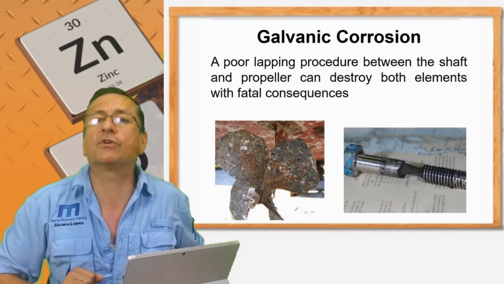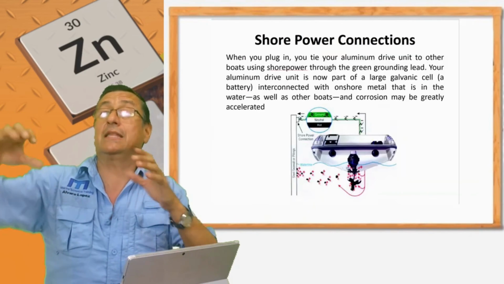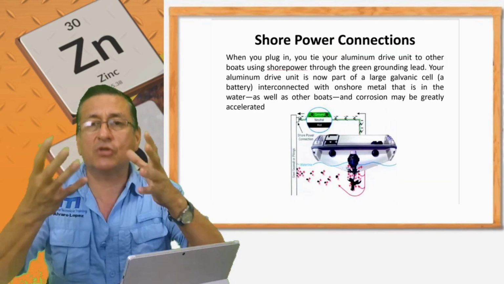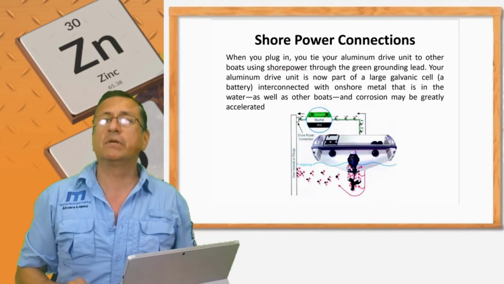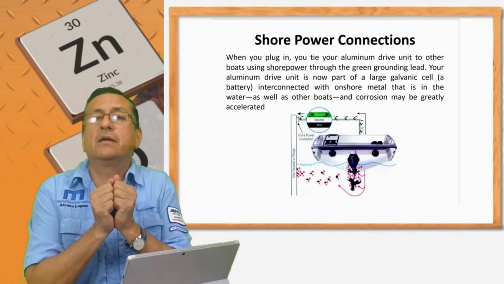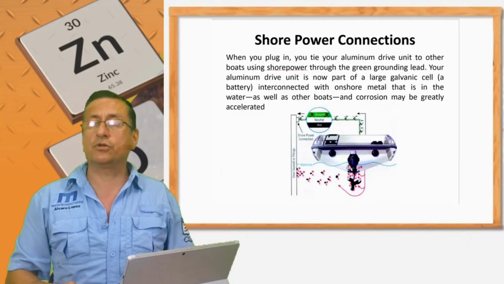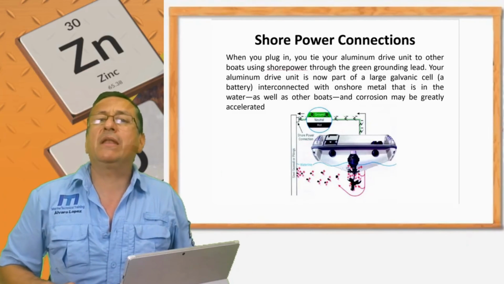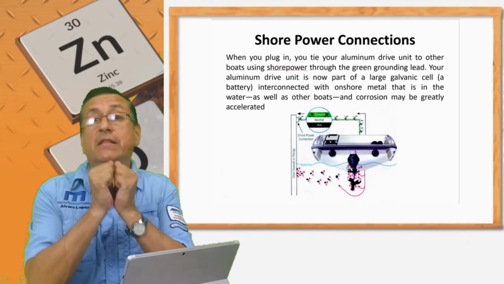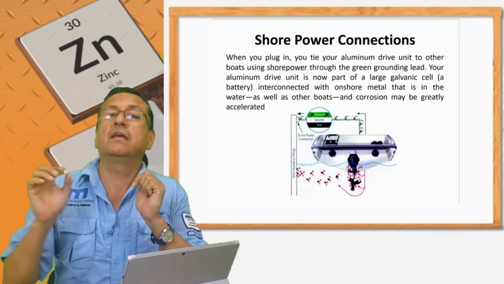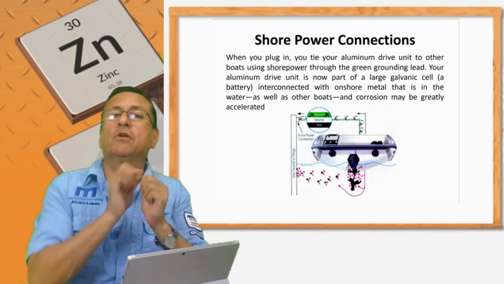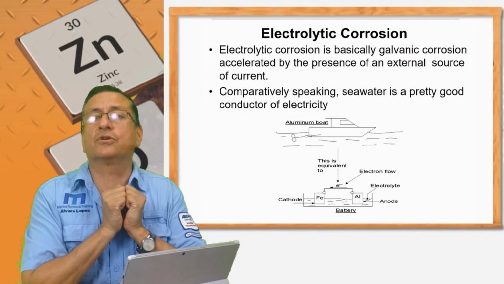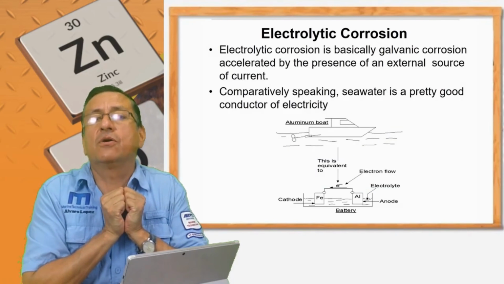This is galvanic corrosion. Later we are going to study with more details the most common type of corrosion, galvanic corrosion. Two dissimilar metals together in a marine environment. What happens if you have two dissimilar metals together, but additionally you pass a current in between both metals? You accelerate that corrosion. This is electrolytic corrosion.